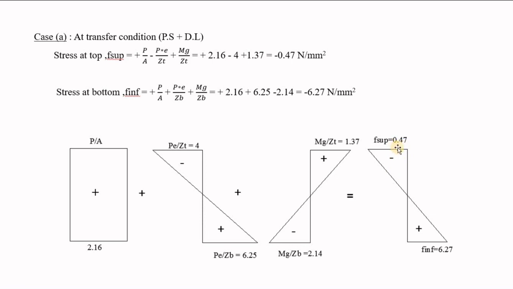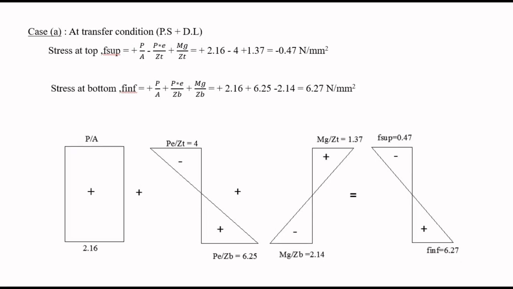So F superior is minus 0.47, and for the F inferior we had got the value as minus 6.27. So there is something wrong here, one second. Earlier while making the video I had made a mistake; I had written minus 6.27, but the answer is plus 6.27.